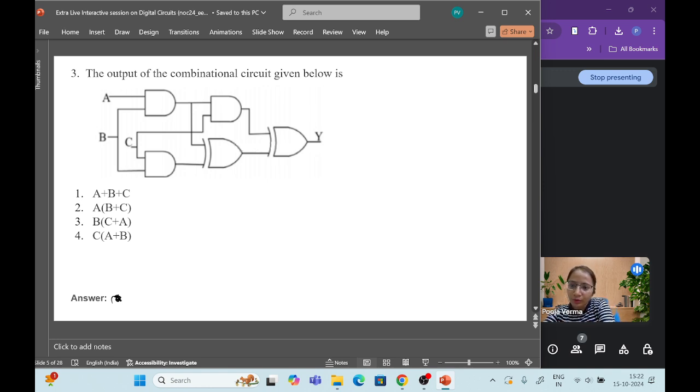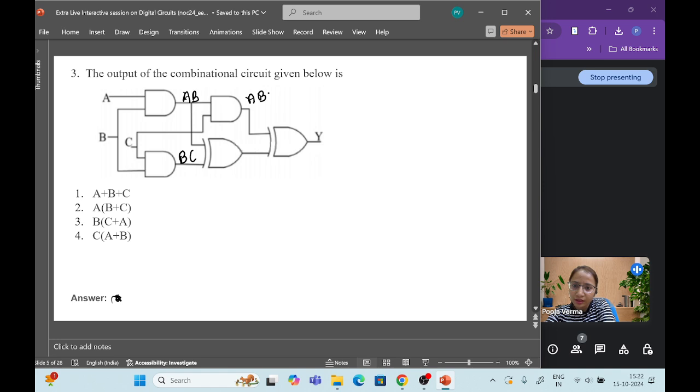So what will be the output of the first AND gate? This is a simple AND gate. These are the AND gates and these are the XOR gates, right? So AB, and the output of this AND gate is BC, right? And what will be the output of this AND gate?